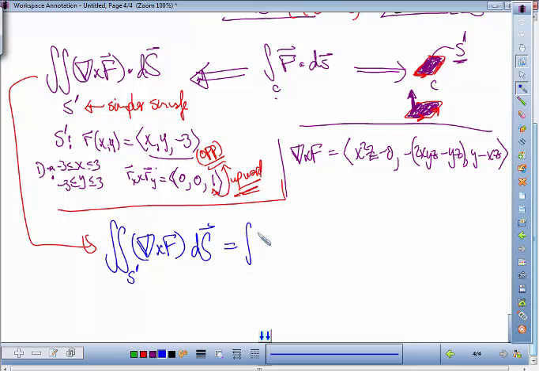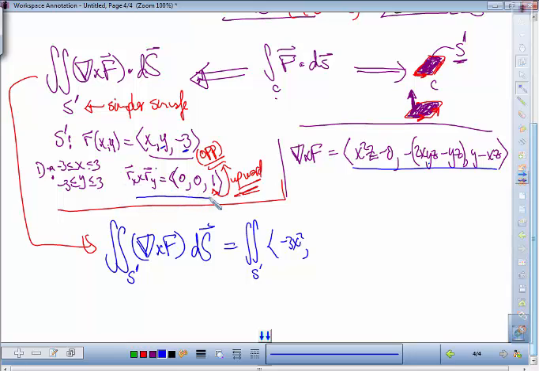So, keep this looking like a surface integral. For x, I'll put x. For y, I'll put y. For z, I'll put -3. So my curl is going to be, z is -3, so it's -3x squared. I'm looking ahead now. My dS is 0, 0, 1. You see that?